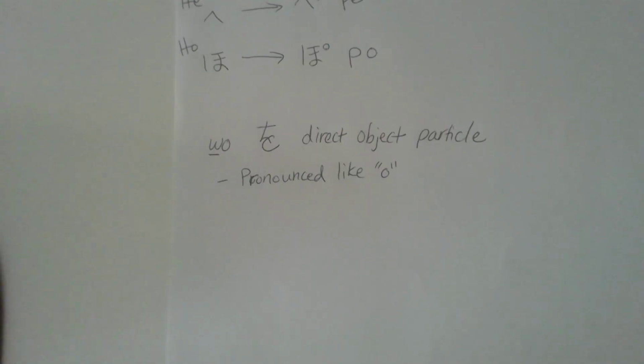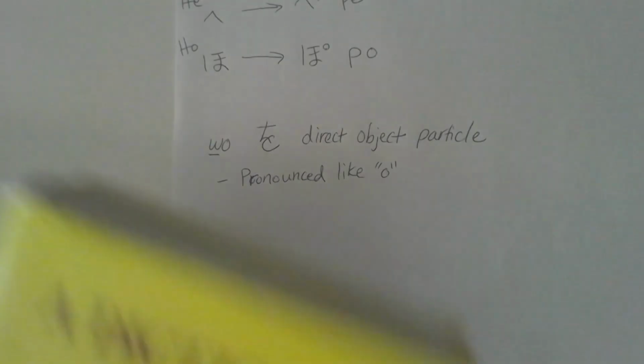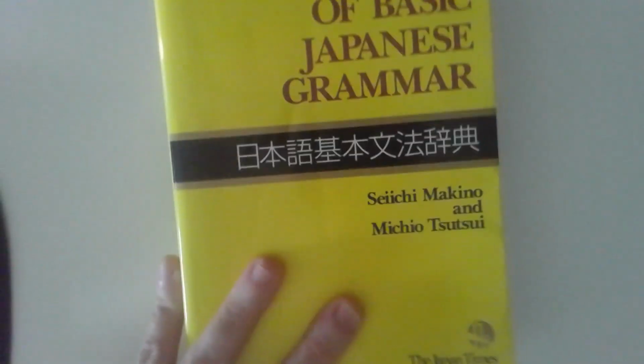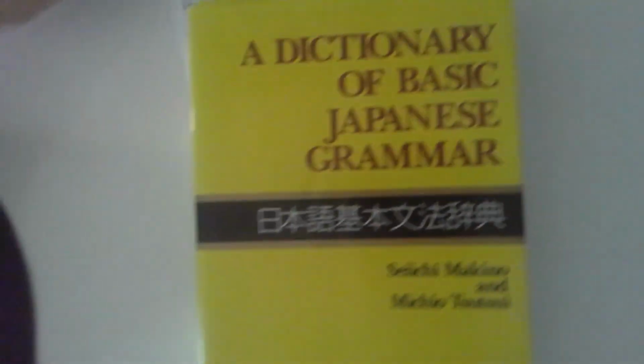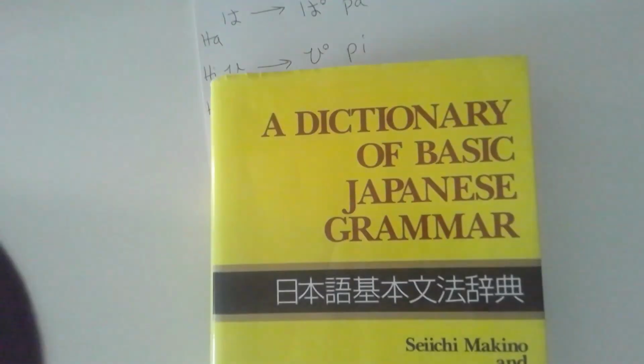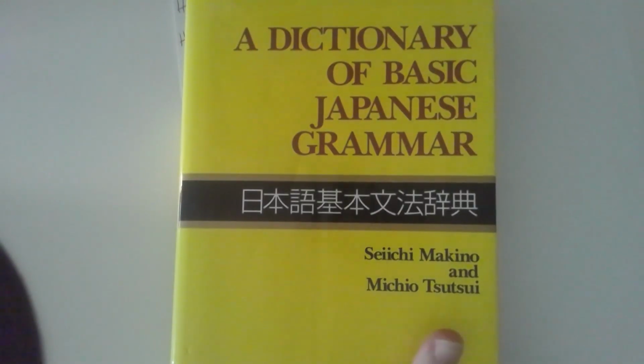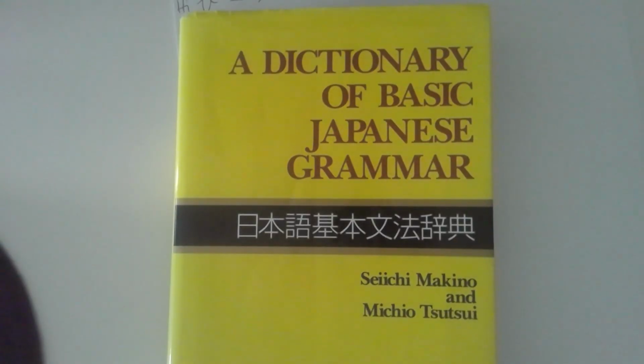So I read something in my grammar book here, see right here. It is called A Dictionary of Basic Japanese Grammar. I don't use it very much because when I bought it in college, I already knew the majority of the grammar.